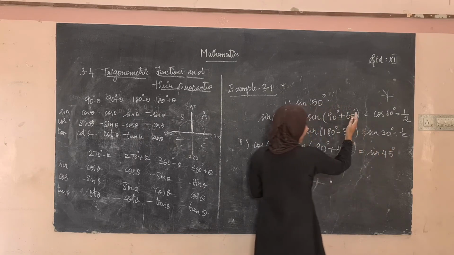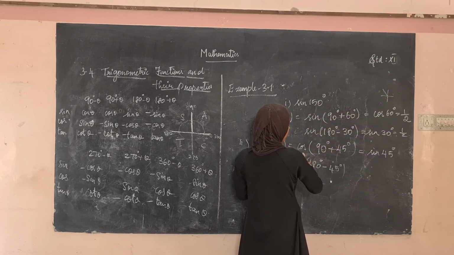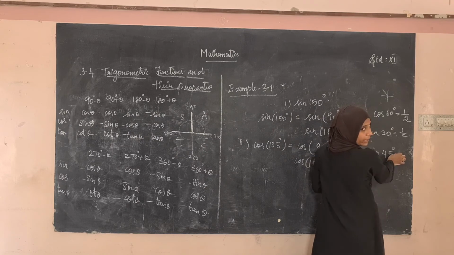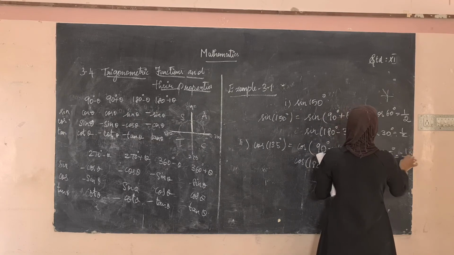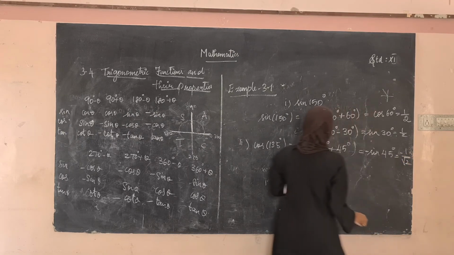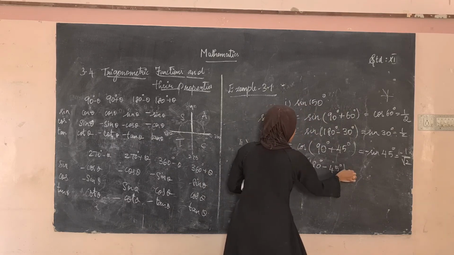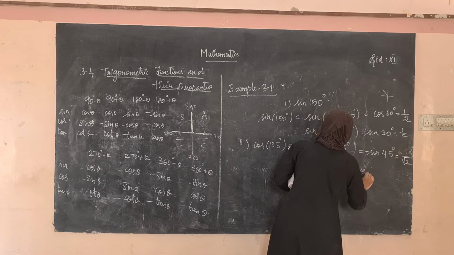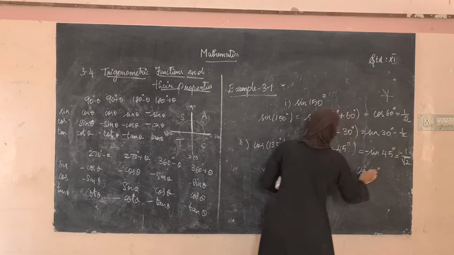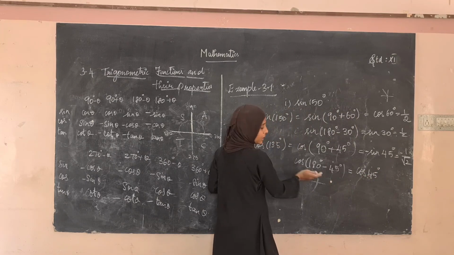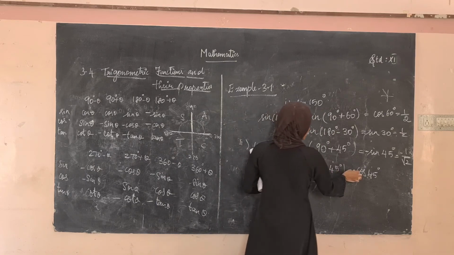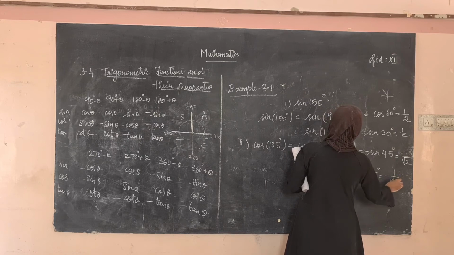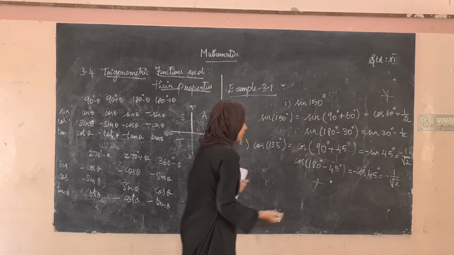But 90 plus 45 is in the second quadrant, so cos becomes minus sin 45 degree. What is sin 45 degree? 1 divided by root 2. The answer is minus 1 divided by root 2. Since we have 180, the function should not change, it should be as it is: cos 45 degree. That is 180 minus 45, in the second quadrant, so cos must change to minus 1 divided by root 2. Both the answers are the same, right? You can do it in either of the two methods.